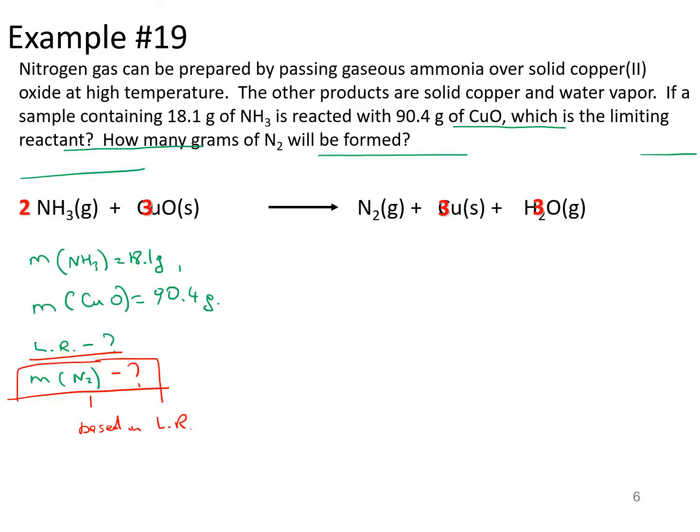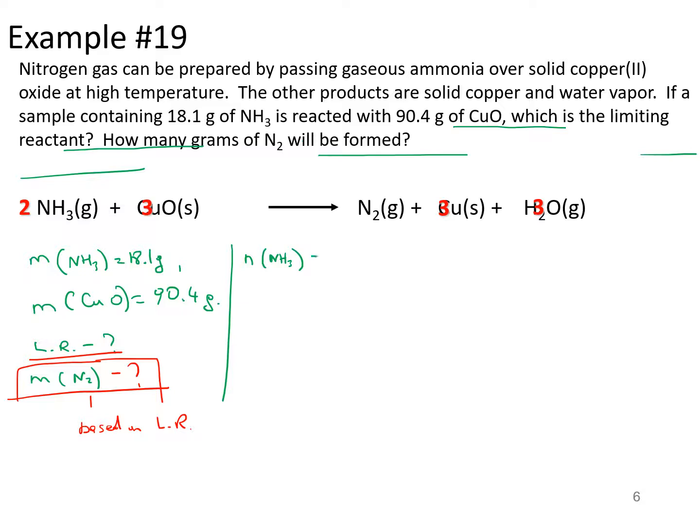You can only determine how much product you had based on the limiting reactant, because maybe you'll have 18 grams of the ammonia and 1,000,000 grams of copper oxide. Just because you have 1,000,000 grams of copper oxide, it doesn't mean that all of it is going to react and produce your product. It's the limiting reactant that will tell you how much of that is actually going to react and how much product you will get.